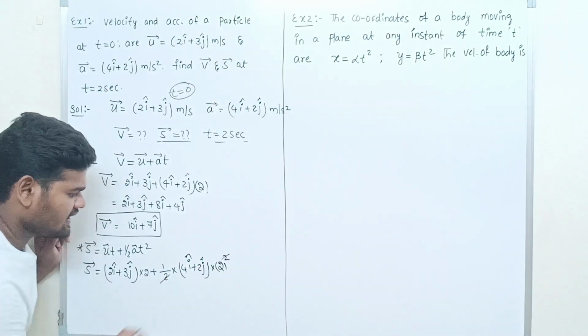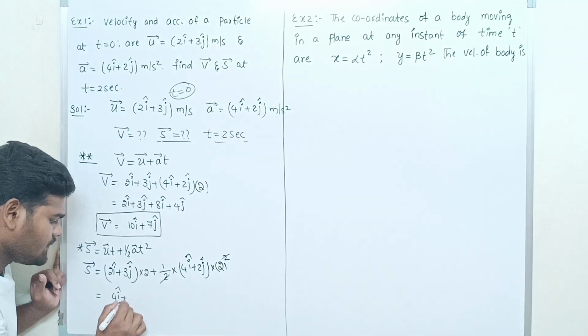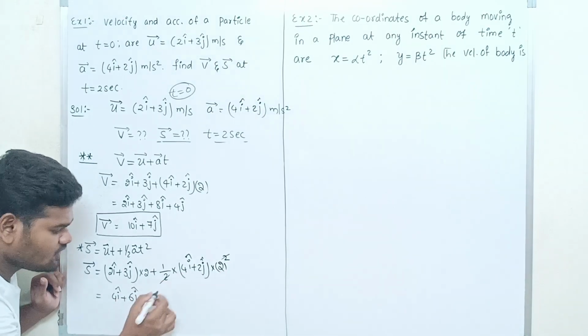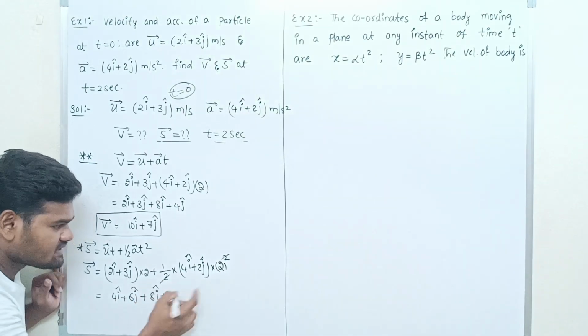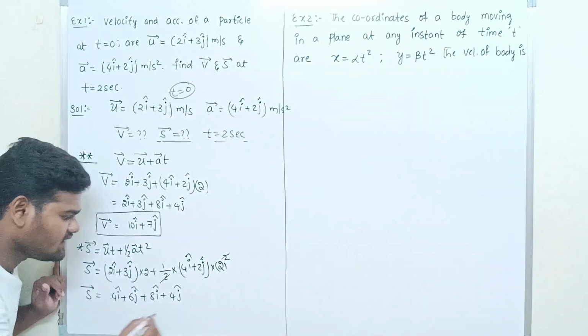So the 2 gets cancelled out. So this is equal to 2 times 4 i cap, plus 2 times 3, 6 j cap, plus 2 times 4, 8 i cap, plus 2 times 2, 4 j cap. So what is this one? This is a displacement vector.